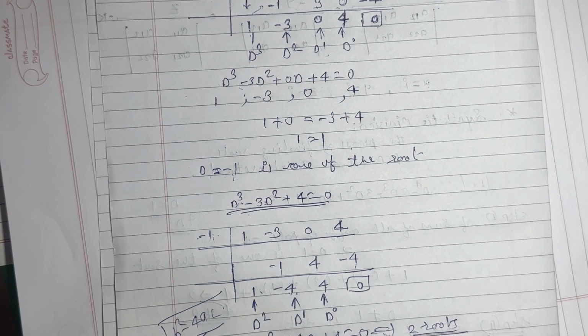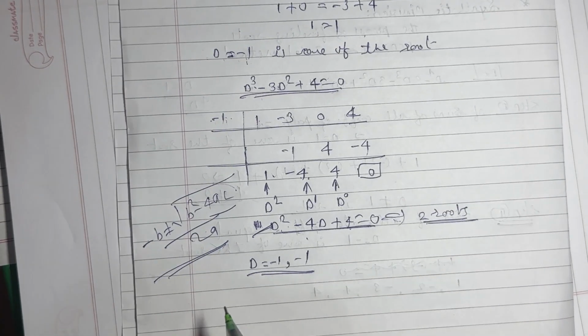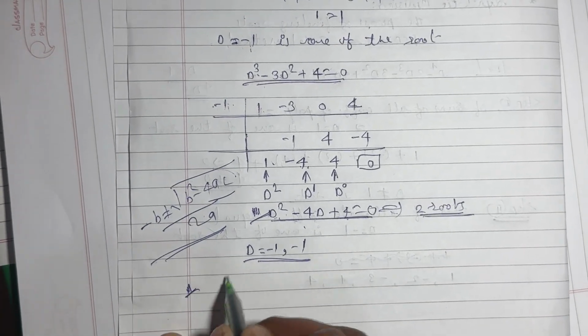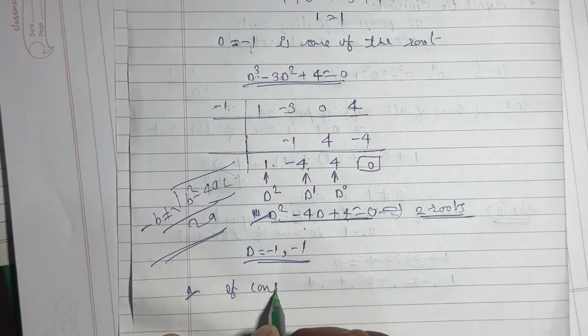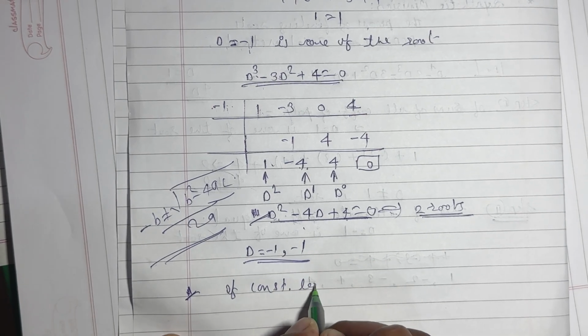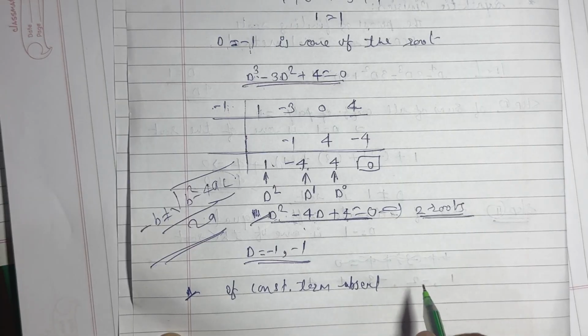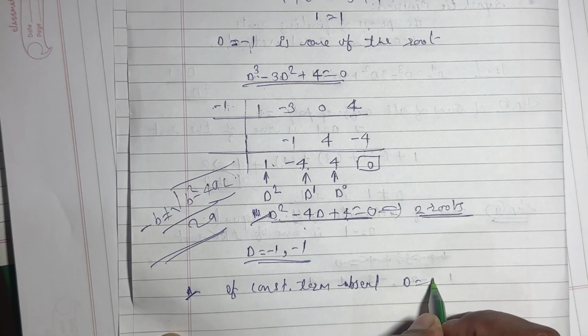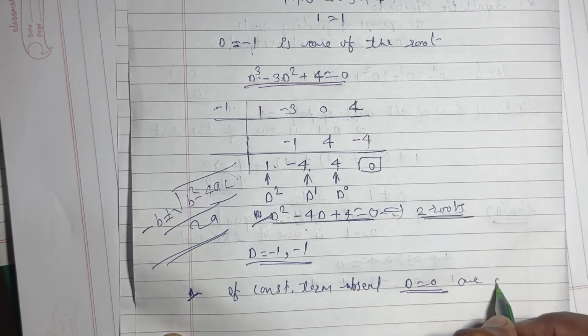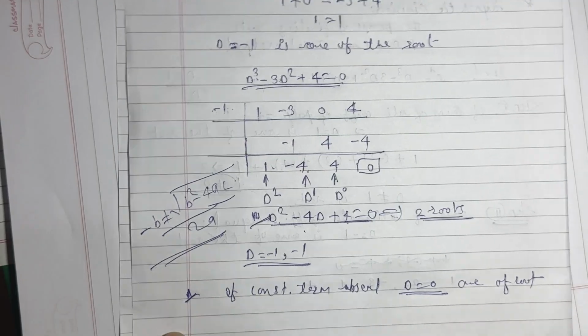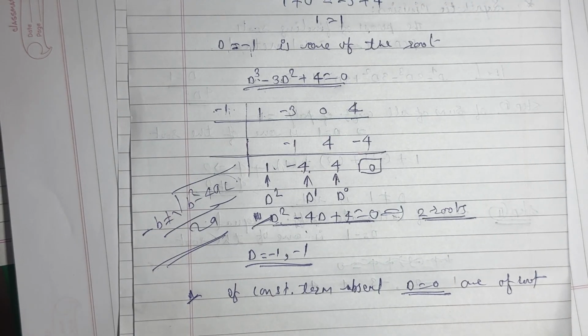And if the constant term is absent, then d equal to 0 is one of the roots. So we got 3 important remarks for synthetic division, for root 1, root minus 1 and root 0.